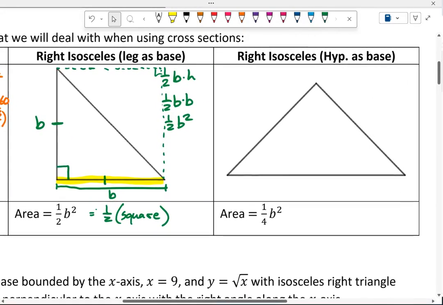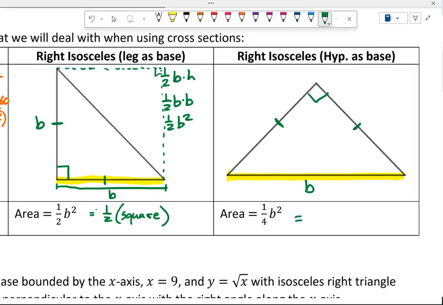All right, our third one, right isosceles, but this time the hypotenuse is the base. So it is an isosceles, but these are congruent sides. The hypotenuse this time is our base b. Look at the equation. What does it say? 1/4 b squared. Thinking about it like we said over here, how much of a square then is this? 1/4 of a square.